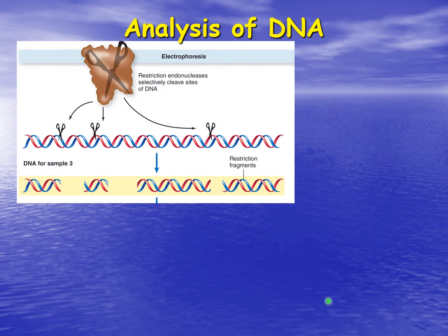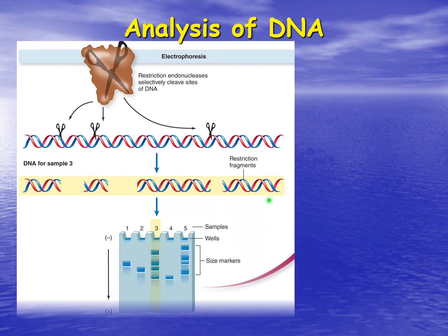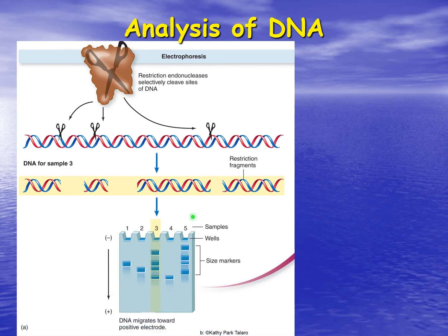So, for example, we take a DNA and we use basically 3 restriction endonucleases, and it cuts the DNA into 4 segments or restriction fragments. We then put the DNA into these wells and then run it through the electrical charge. We typically will also use something called the ladder, and this actually has known fragments of the DNA based upon molecular size.